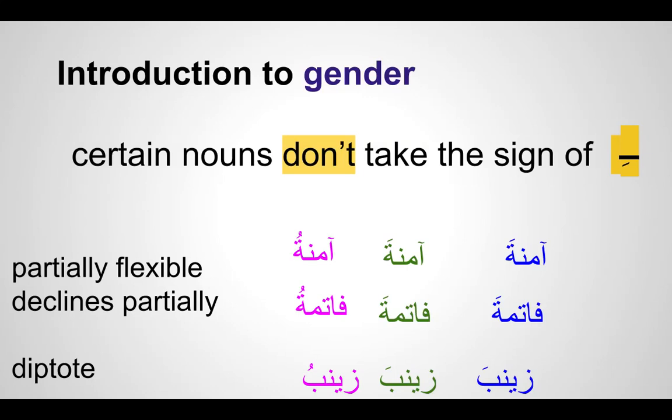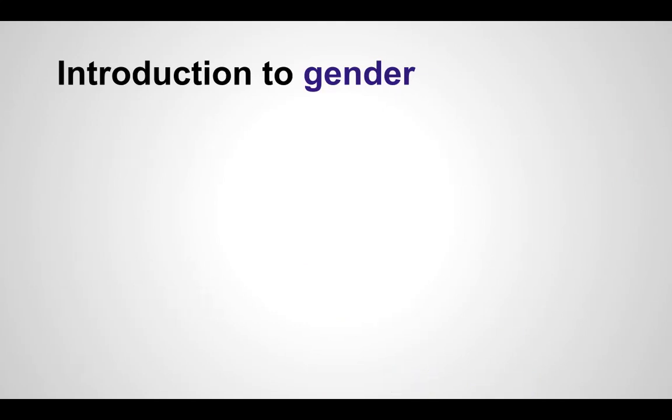So we have fully flexible or trip toot, and partially flexible or dip toot. We will learn more as we go along. For the moment, this is what we need to remember. A little bit about how you pronounce this letter, ta. When we stop at the letter, if we're pronouncing on its own, we say Aminatu.